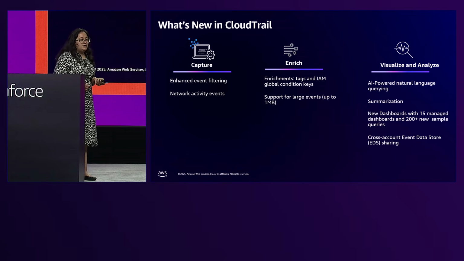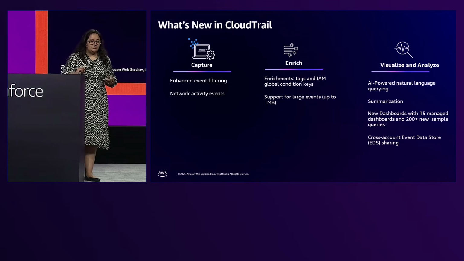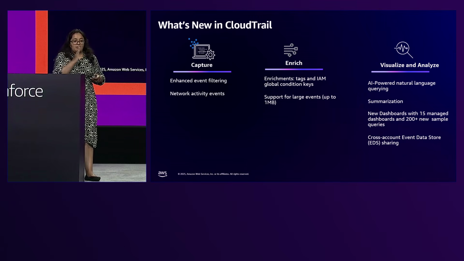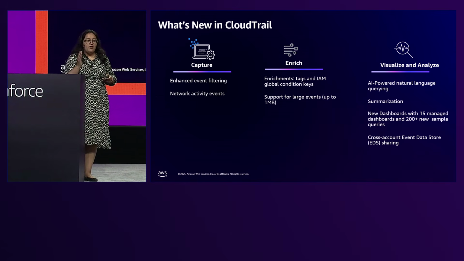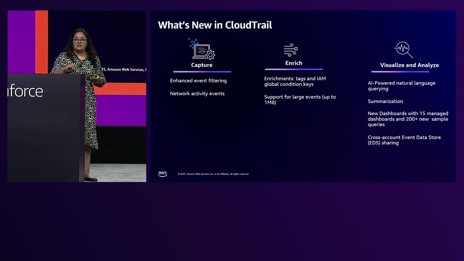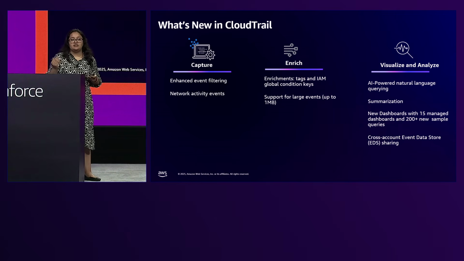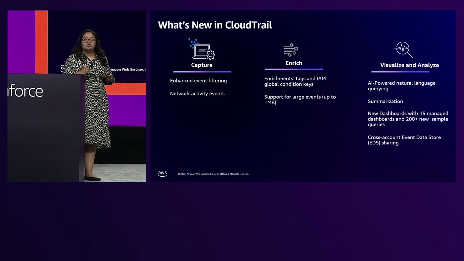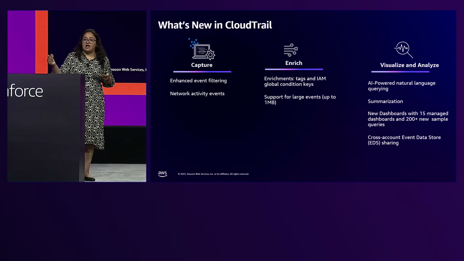Very quickly, what's new in CloudTrail? I probably will not get into all of these, but there are three things relevant for the conversation today. First is in the capturing. I mentioned there was a recent launch two to three months ago, which we are calling network activity events. That is specifically to answer the question around the data perimeter: who from outside of your data perimeter is trying to access your data or resources within your perimeter, or from inside your perimeter accessing resources outside of it.